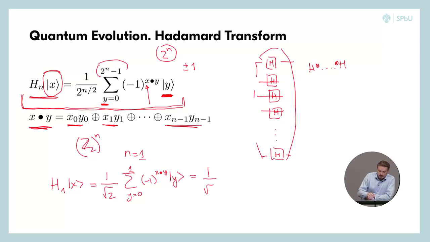If y equals 0, we have just this 0 vector, because this thick dot product gives us 0, and then we are going to have this minus 1 to the power x and 1 here. So if x equals 0, we will have vector plus, and if x equals 1, we will have vector minus.